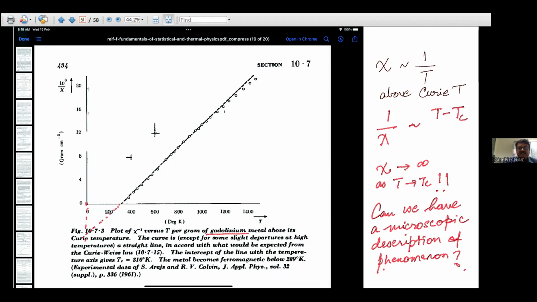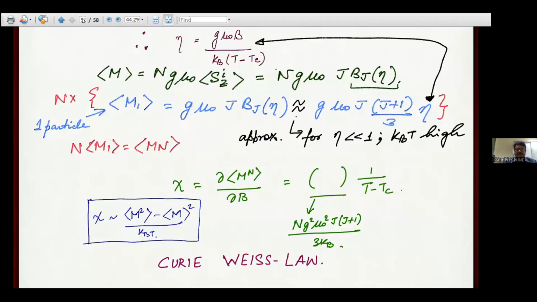But having said that, let me tell you that this dependence upon 1 upon (T minus Tc) does show the infinity, but we have used a mean field approximation. There are various other details which don't exactly capture the nature of the curve, the way it goes to Tc, the so-called critical exponents and so forth, the behavior of chi and M, the way it goes down, what is seen experimentally.